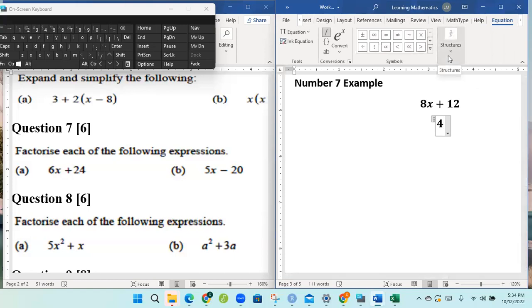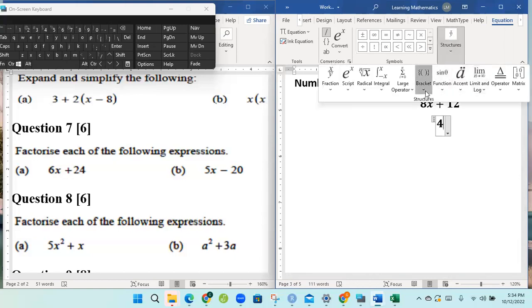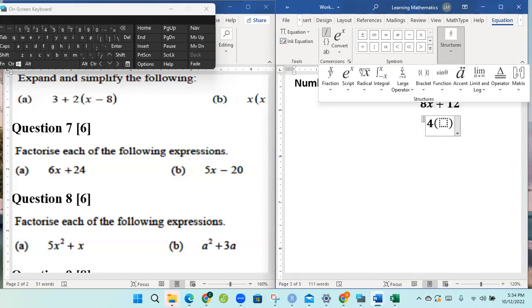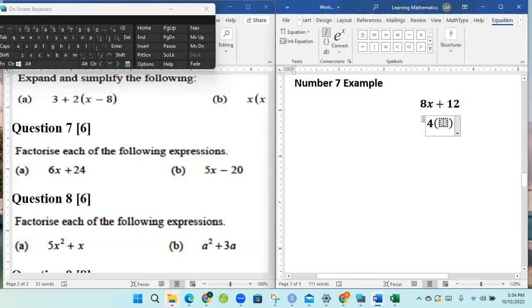So I'm going to create a pair of brackets to demonstrate how the division process is going to take place, to know what's going into the bracket. We have an 8x and we have a positive 12. 8x has to be divided by the 4.